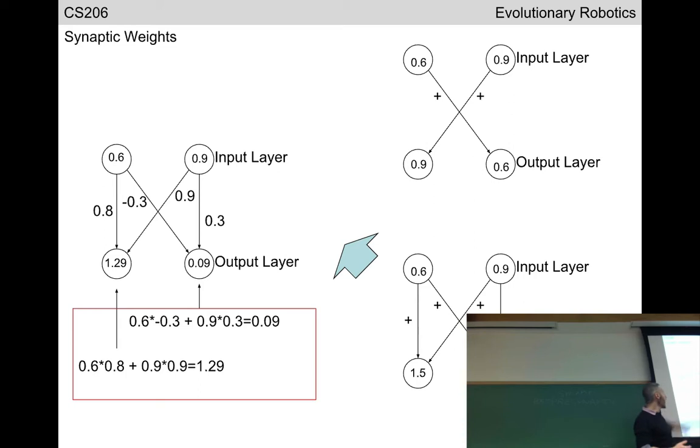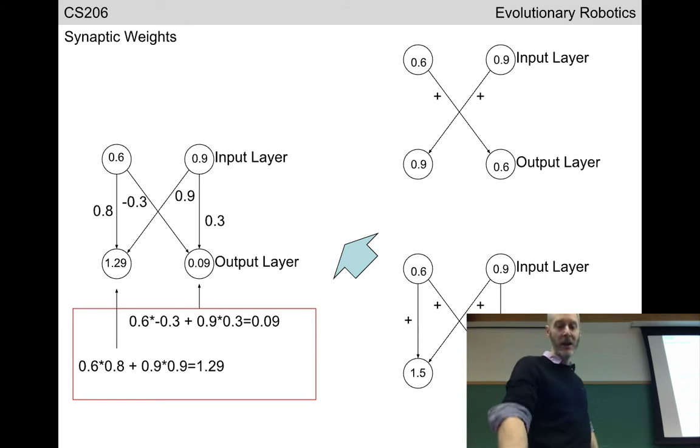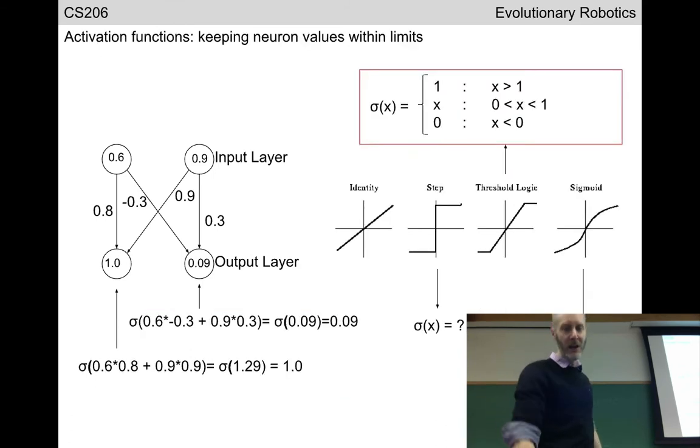However, we can see now that the raw sums that are arriving at the output layer have very different magnitudes. One is 0.09 and one is 1.29. So for various reasons, which we'll get into later, we also usually add to our neural networks an activation function. And activation functions live at the neurons. Synaptic weights obviously live at the synapses. Activation functions live at the neurons.